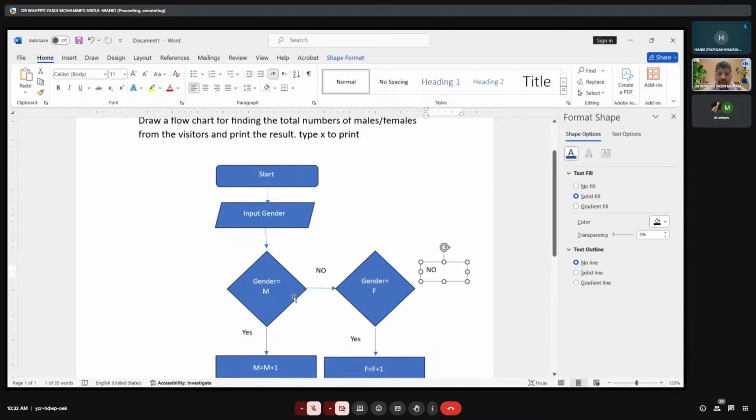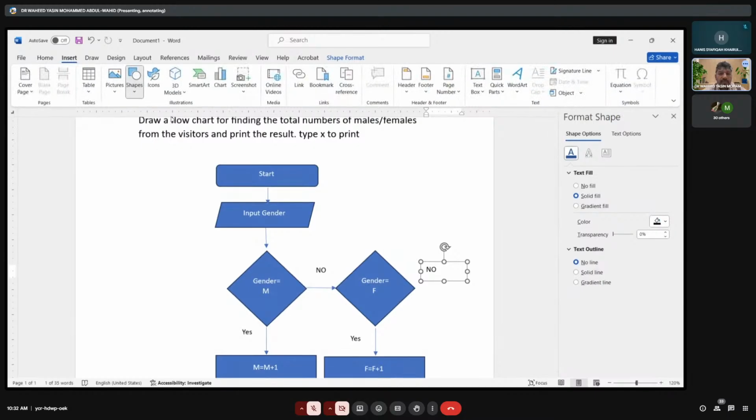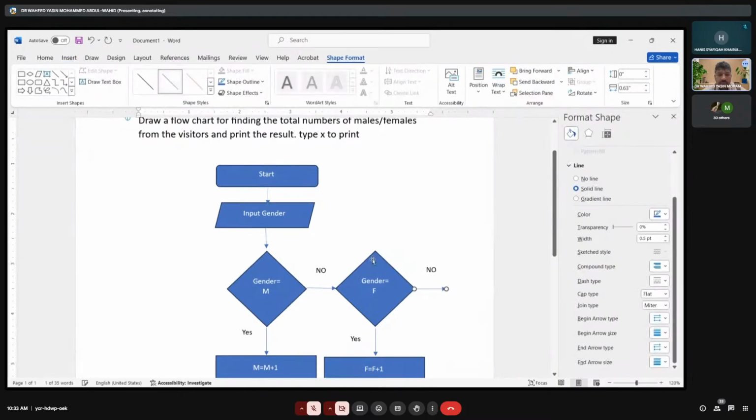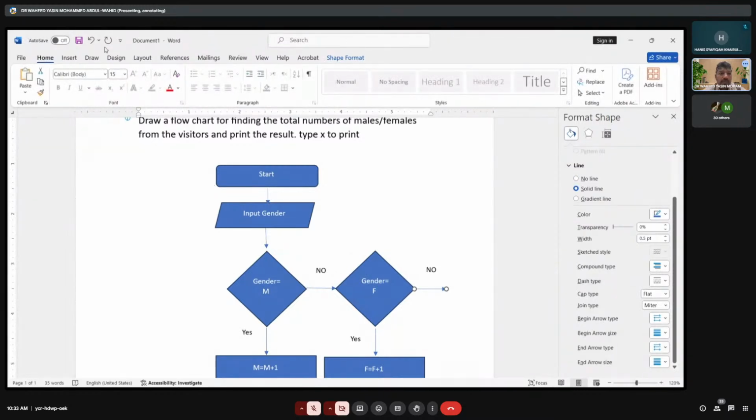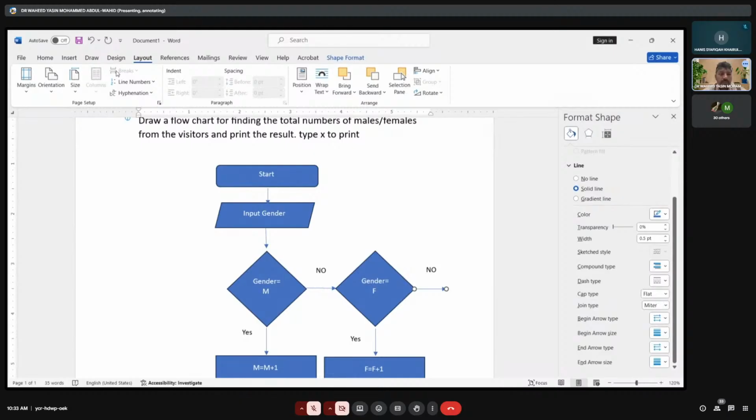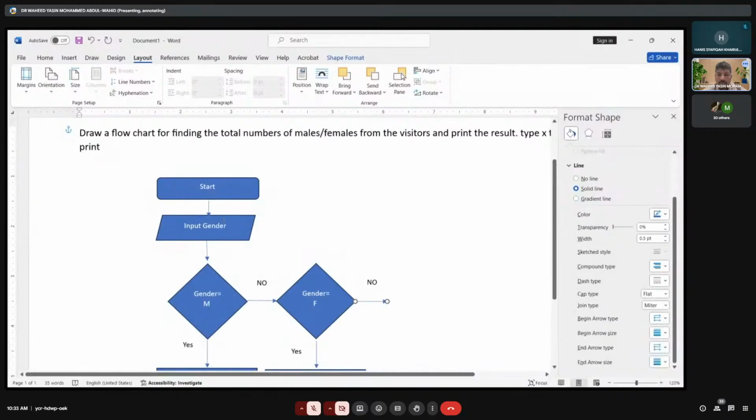If no, if gender M, if gender equal to... if no, I have another question.